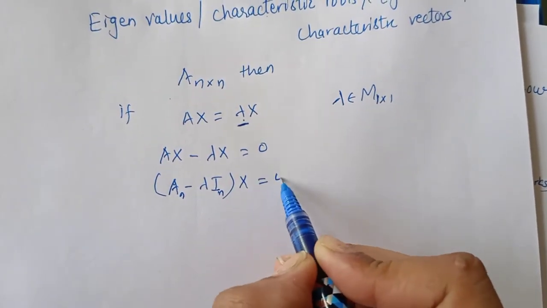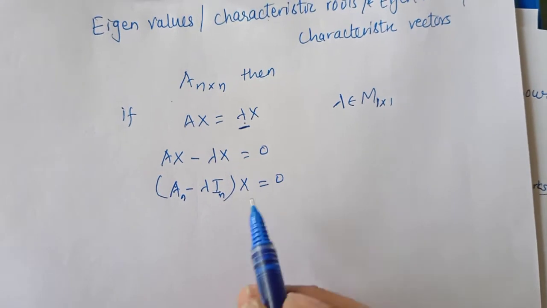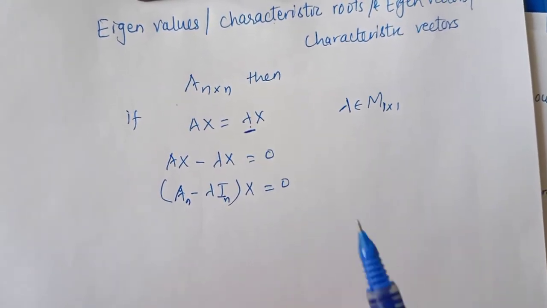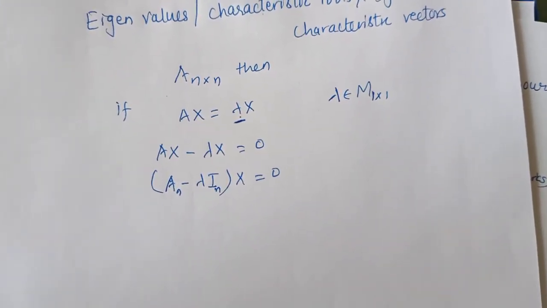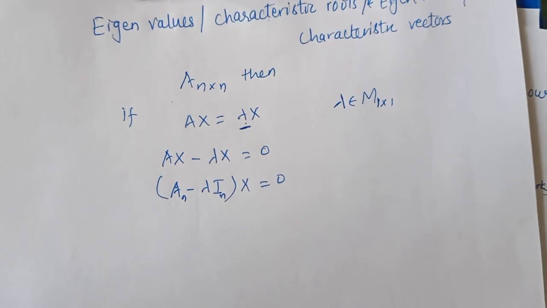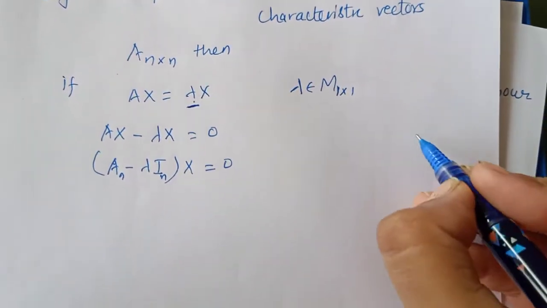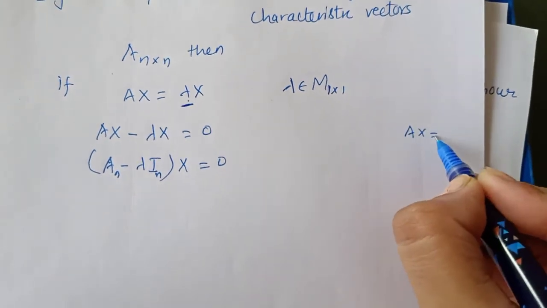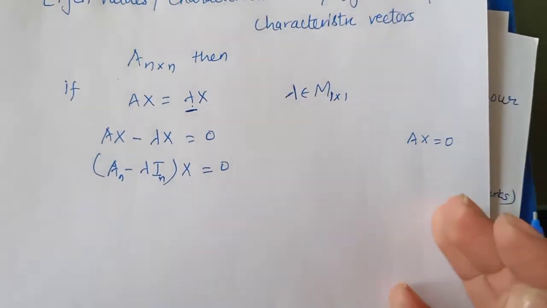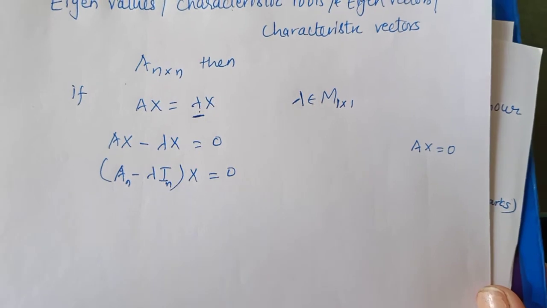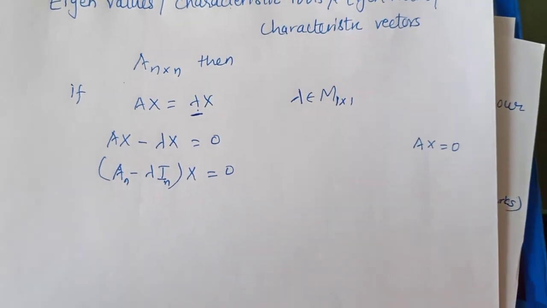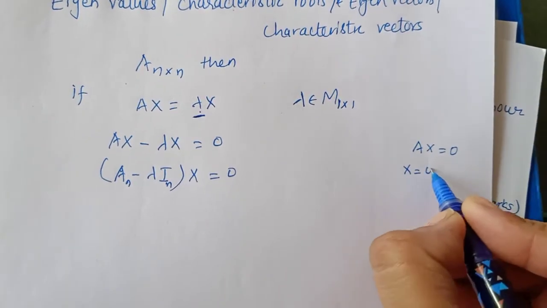So now in order to solve this equation, as you have already seen in the case of homogeneous system of equations, let me recall homogeneous system of equations. If you have this system when right hand side is 0, then that system is known as homogeneous system of equations, and this system is always having this solution.